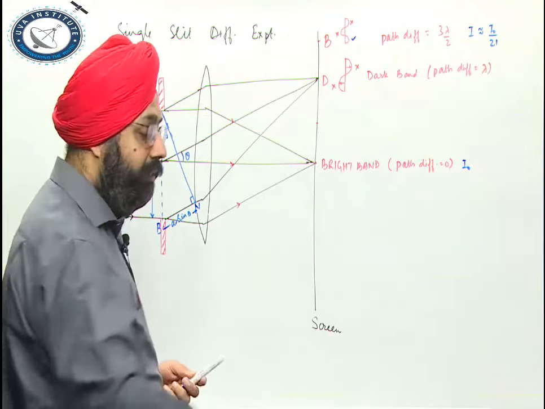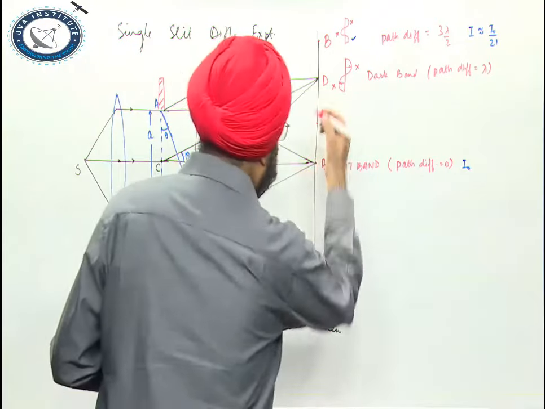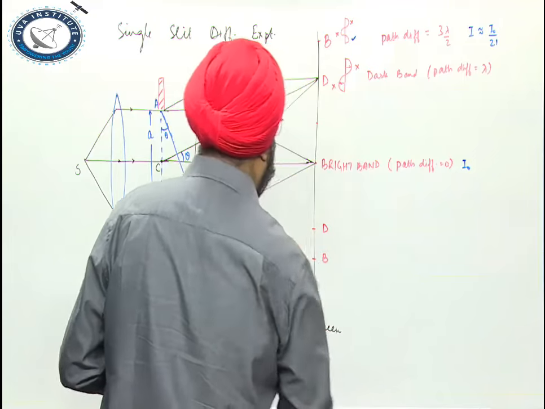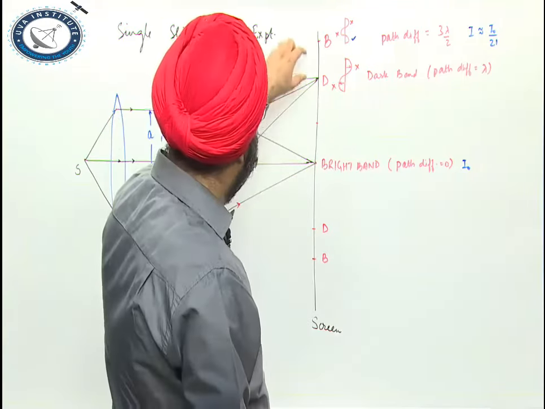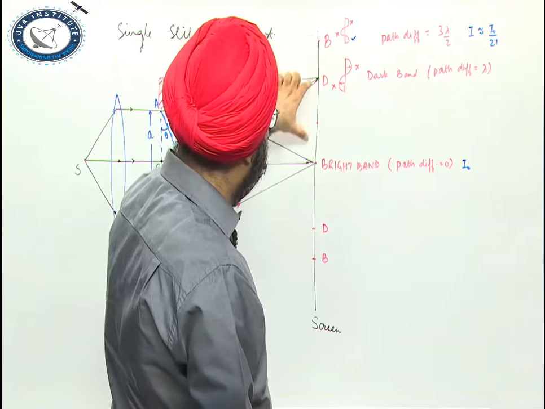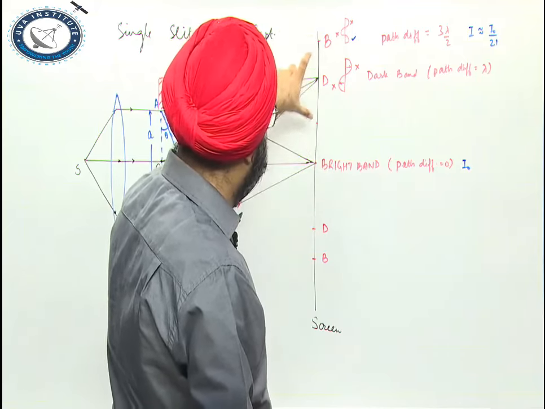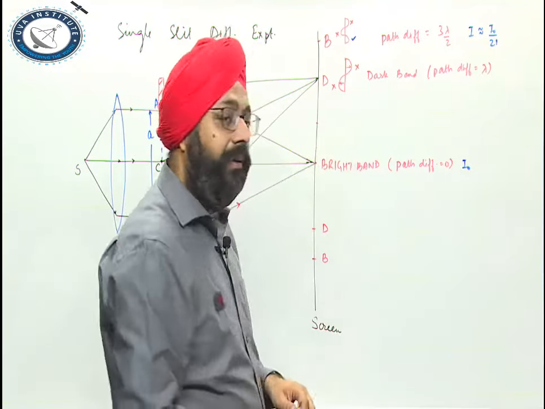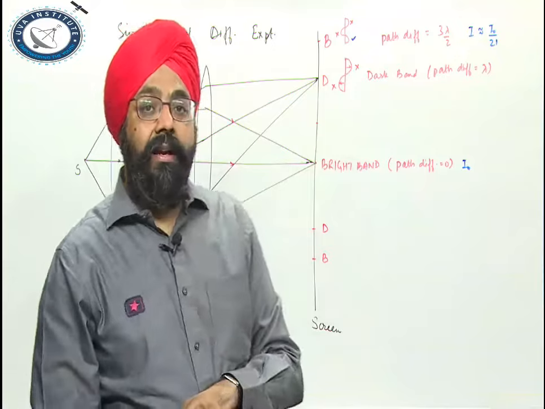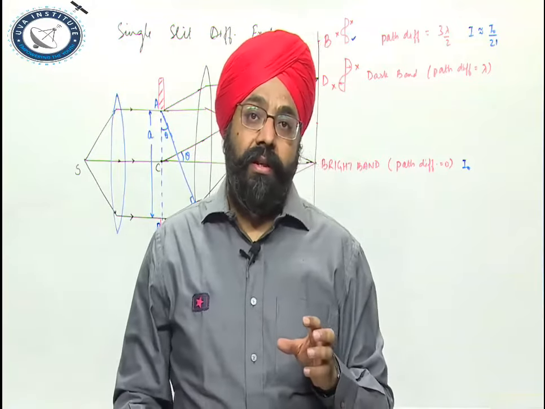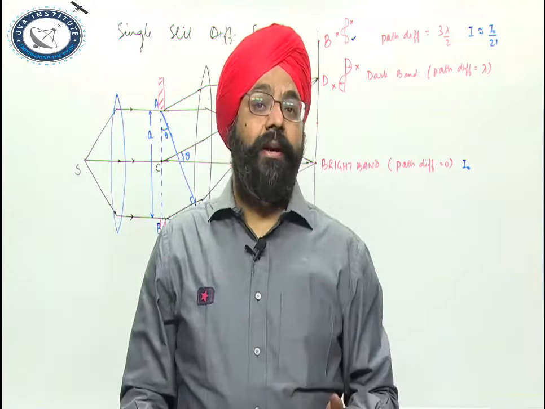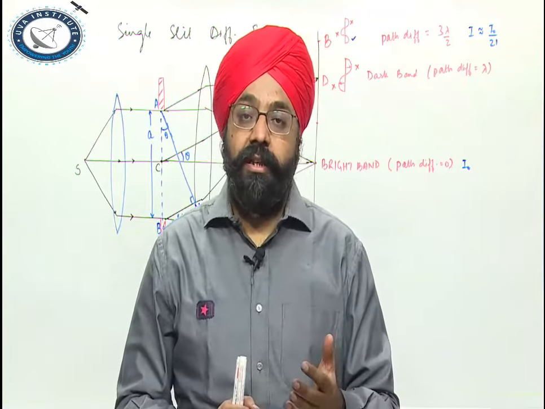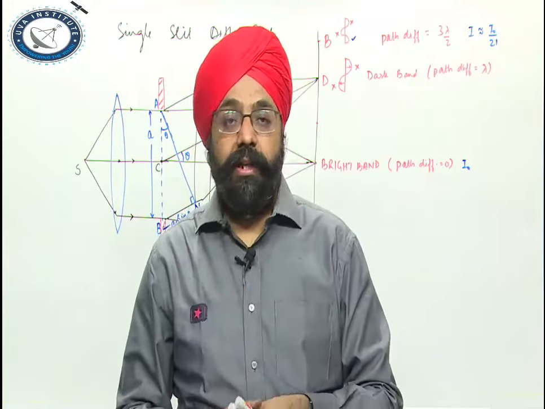The same type of pattern you will find in the lower part: dark band, bright band. Again, we can see this width is half in comparison to this width. This is exactly half, because there is a point of path difference lambda by 2 lying here, and lambda by 2 is not a dark band, it is not a bright band also, it is not the brightest, not the darkest, it is a portion with some intermediate brightness.